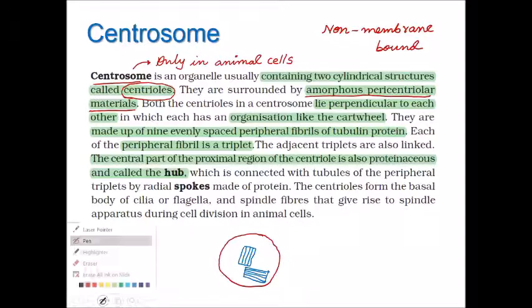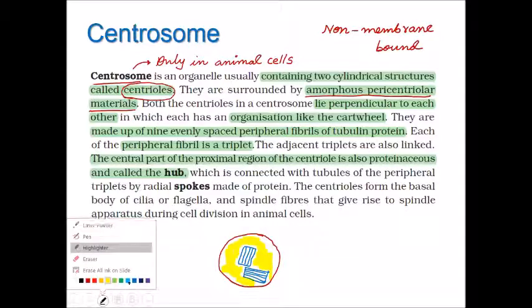I'll just mark it here. Something surrounding these centrioles, this amorphous mass of proteins, is called pericentriolar material. So we'll label the parts here.